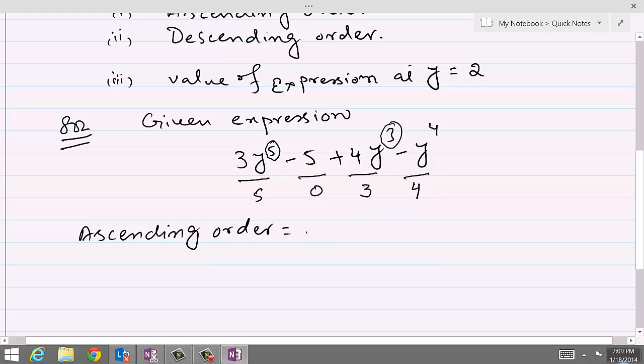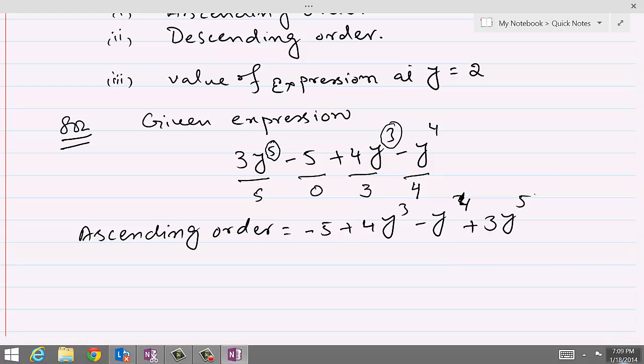So minus 5 plus 4y cube minus y power 4 plus 3y power 5. This is from the lowest degree term to the higher degree term. We just look at the exponents. The exponents must be increasing from lowest to higher.